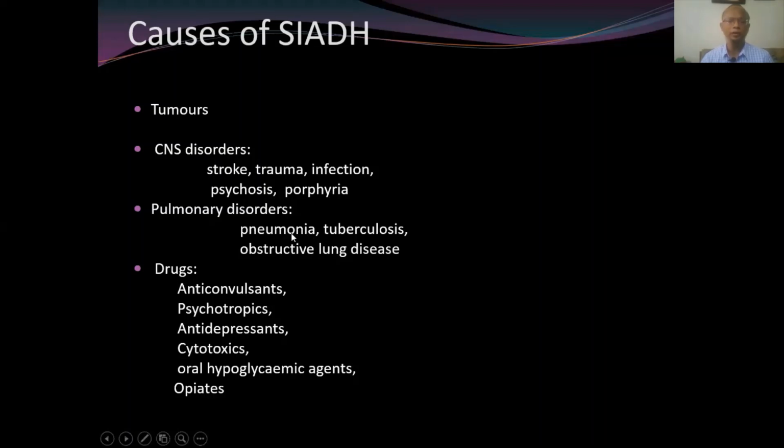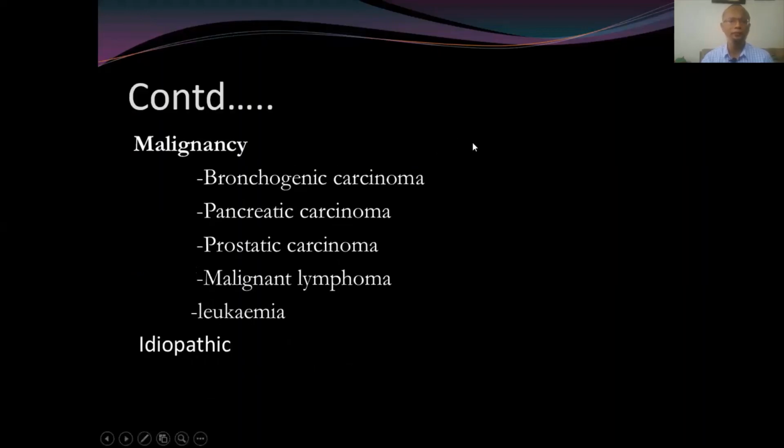Pulmonary disorders, if there is pneumonia, tuberculosis, obstructive lung disease, there may be SIADH. That is, ADH secretion is inappropriately high. And there are some drugs that may also cause inappropriately raised ADH, like anticonvulsants, psychotropics, antidepressants, oral hypoglycemic agents, and opiates.